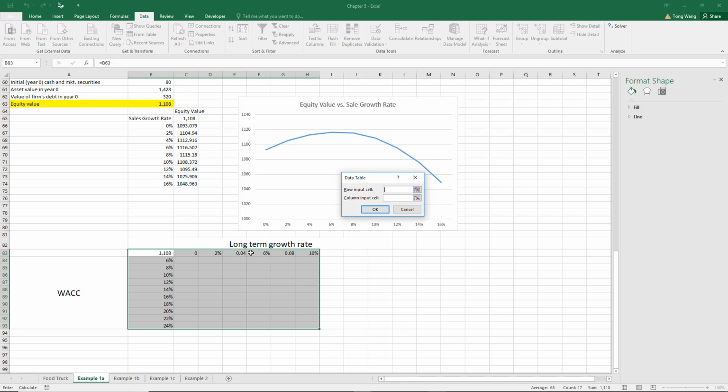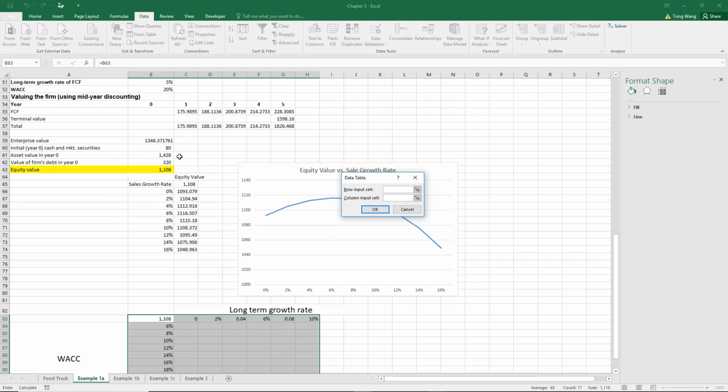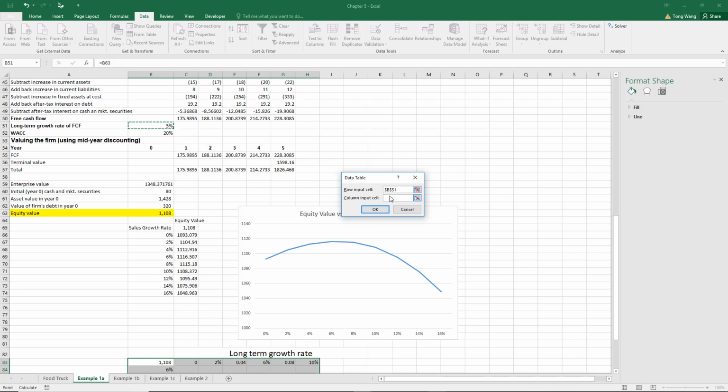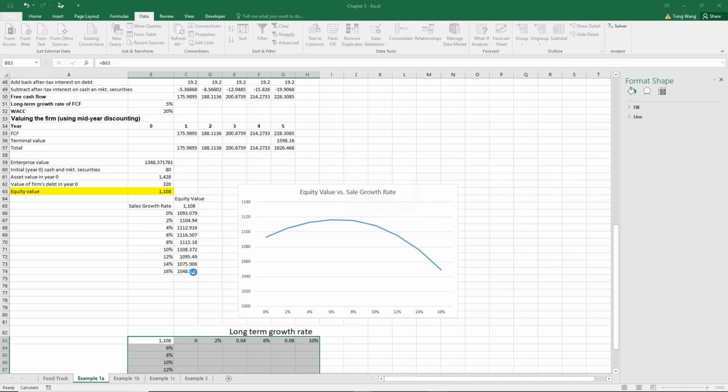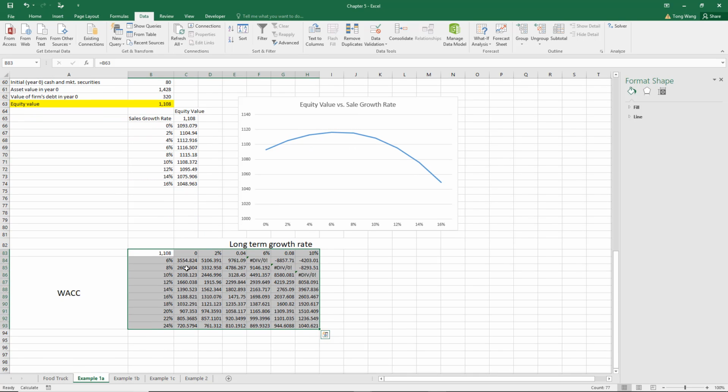So here the row is for long-term growth rate, and this column here is for WACC. So this tells me, based on different assumptions about long-term growth rate and WACC, what's going to be my estimated stock value, right? So if my long-term growth rate is 2% and my WACC is 10%, then the stock value should be this number here.